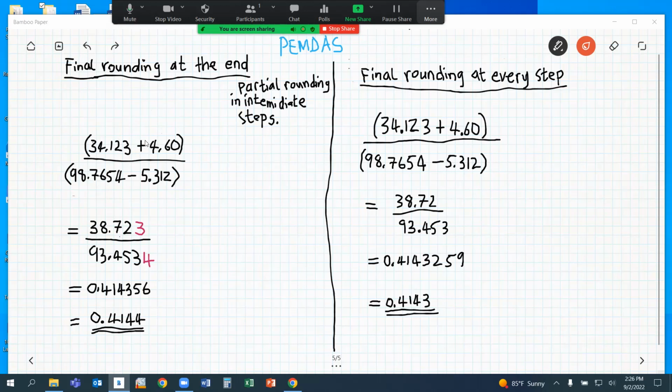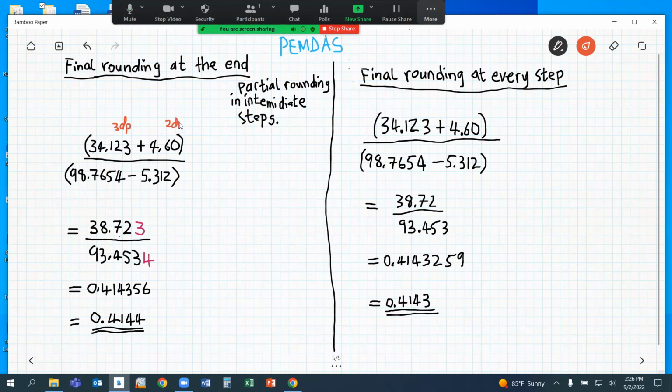Now this is addition. For addition, we go with decimal places. Here we have 3 digits after the decimal, so we have 3 decimal places. And 4.60, we have 2 digits after the decimal, so 2 decimal places.